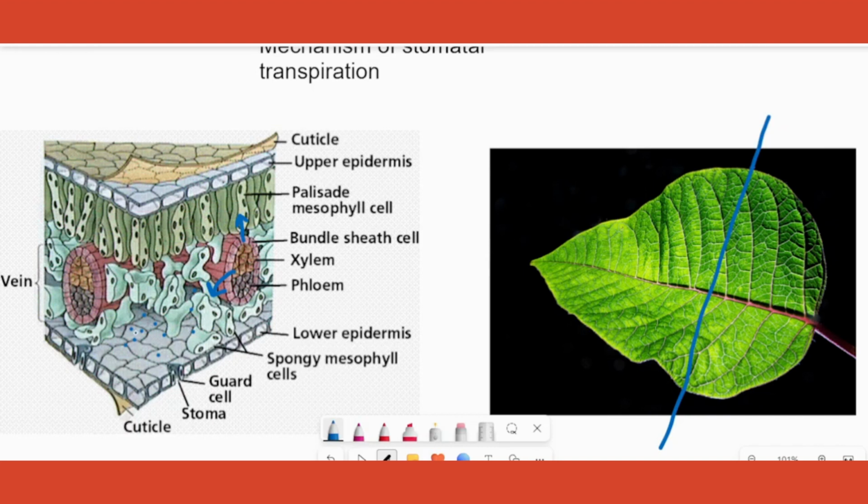As we know from the principle of diffusion, any molecule starts moving from where it is high in concentration to where it is low in concentration. So the water vapor molecules start moving around to all the places where they are less in amount. In that manner, they start moving near the stomata. As they reach the stomata, they go out. That is the mechanism of stomatal transpiration.